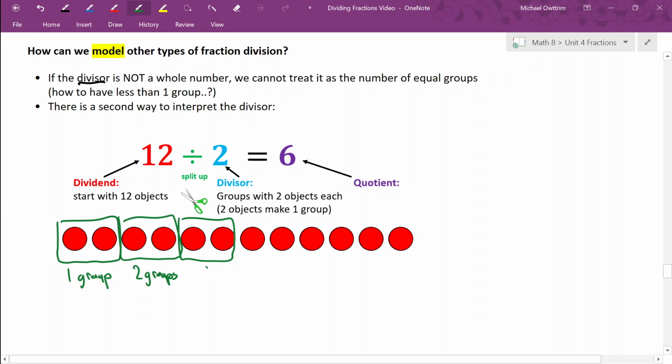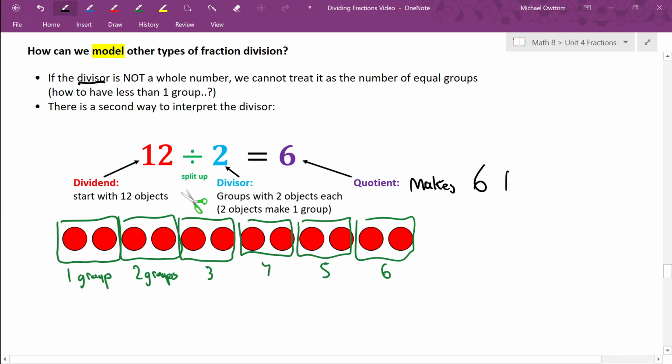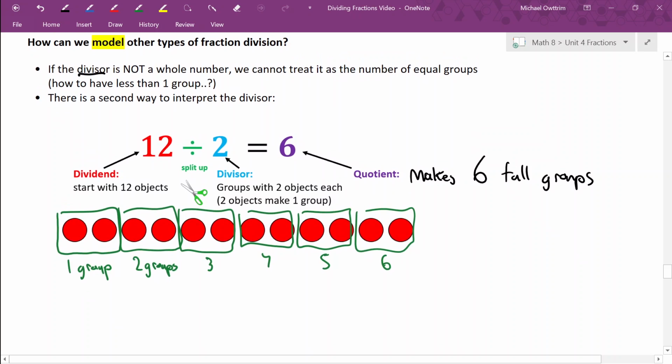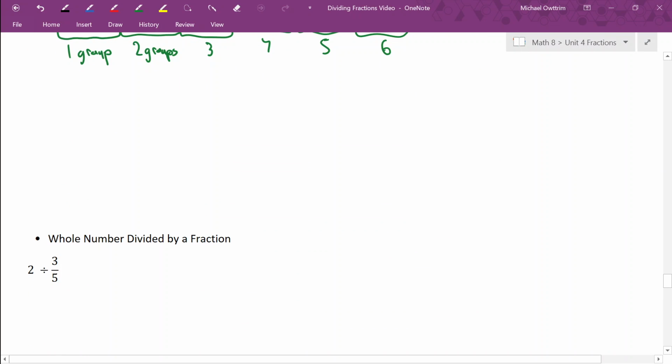Third pair, fourth pair, fifth pair, sixth pair. And so, of course, our quotient in this case is going to tell us that we have made 6 groups. So that's the second way of interpreting a divisor, and this is important for when we are dividing by a fraction. The divisor is a fraction itself.